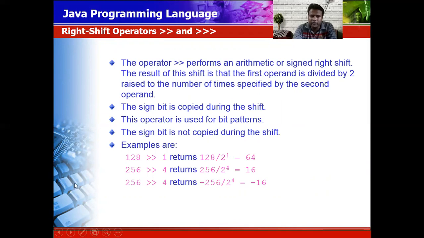So when you write 256 right shift 4, that means 256 divided by 2 to the power 4. 256 divided by 2 to the power 4 returns 16. And minus 256 right shift 4 returns minus 16. 128 right shift 1 means 128 divided by 2, which returns 64.